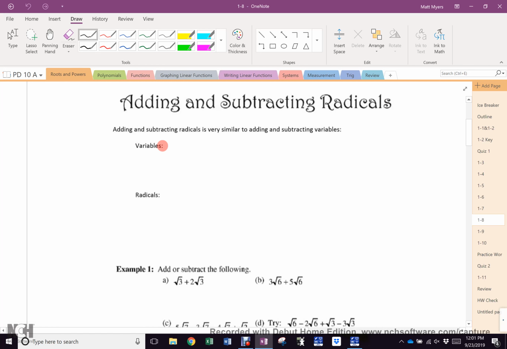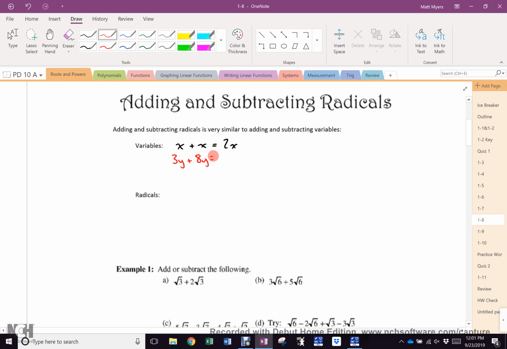If I were going to add and subtract a variable, what would it look like? Here is what I mean. X plus X. What is the answer? 2x. Correct. 3y plus 8y.